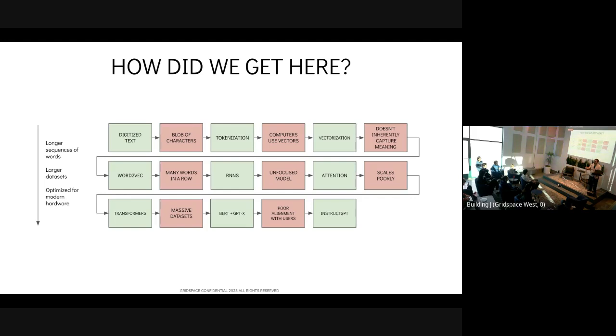And then we're going to say, okay, well, we have such a long sequence that maybe for a lot of the tasks we only need to focus on bits at a time, and we start introducing attention mechanisms. And then we have problems with scale and parallelization, and we learn in the process that maybe we don't need all of these long recurrent networks after all. Maybe we can just keep the attention part and build something that scales better.